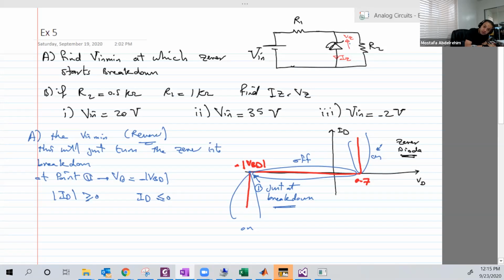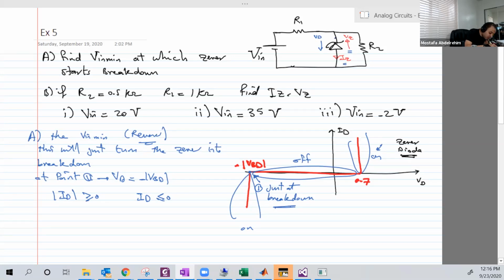Good. As I draw here, I draw the Zener diode. What I usually do when I know that the Zener is working in the breakdown region is assume the voltage in that direction, from B to N. Remember, VD we usually do in that way, from N to B. And the current is flowing from N to B, IZ, and I call it IZ.